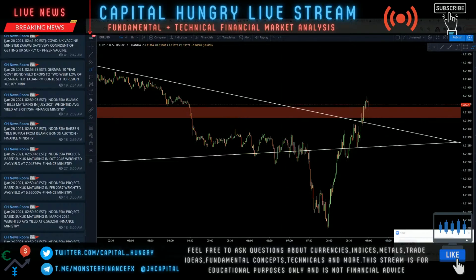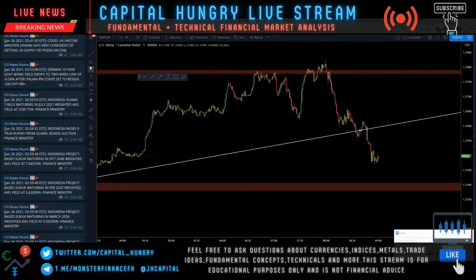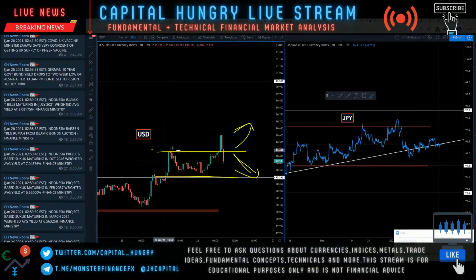All right. UCAD, similar idea, where we're going to be adapting, where we didn't want to rush those buys, because yes, it was starting to create a flat candle body support, but it did not look appealing because the dollar broke back into this range and back below the previous highs.